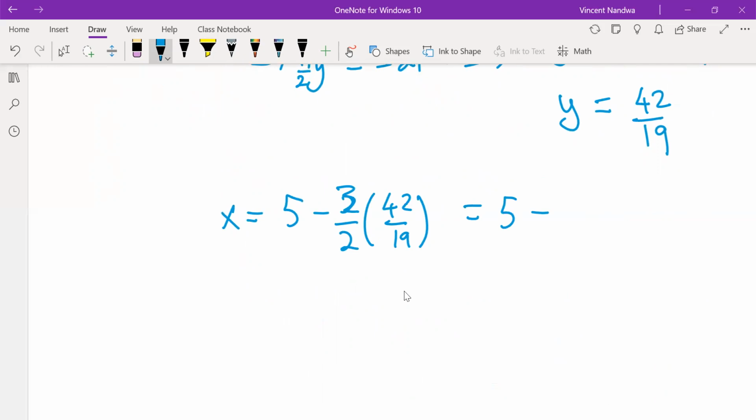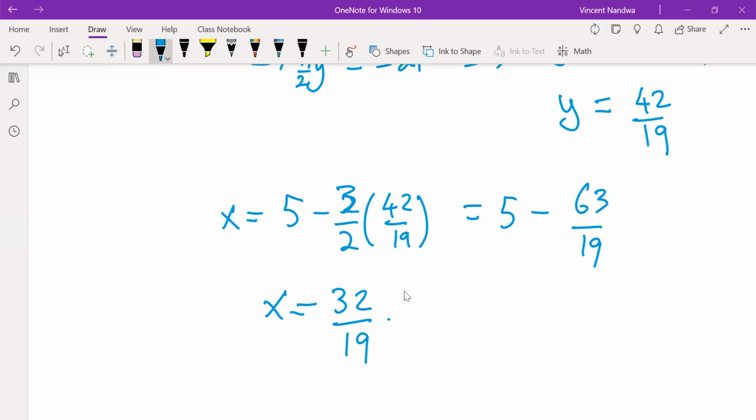You get 63 over 19. 5 minus that answer, we get 32 over 19. So x equals 32 over 19. You can confirm that those indeed are the solutions to that given equation.